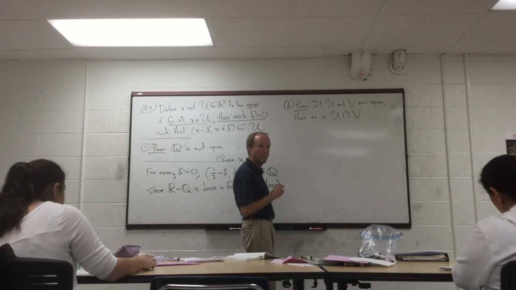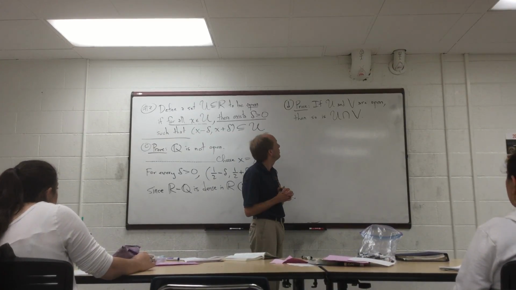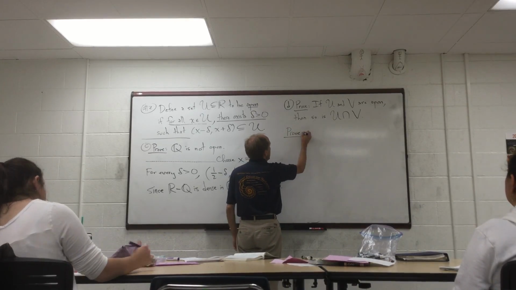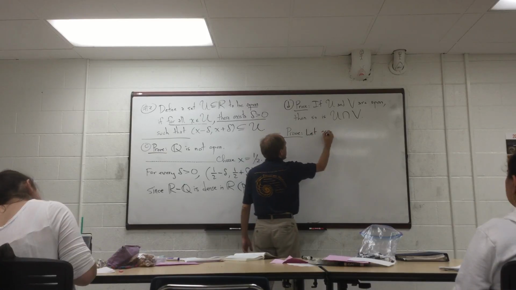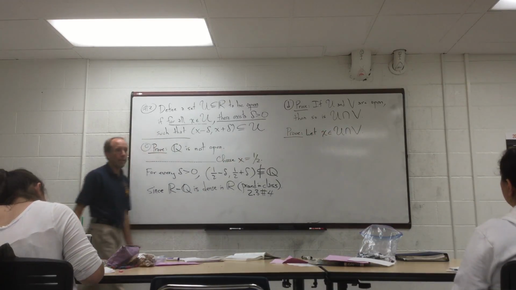Everybody comfortable with what we need to do here? Okay, so proof. Let x be an element of U intersect V.